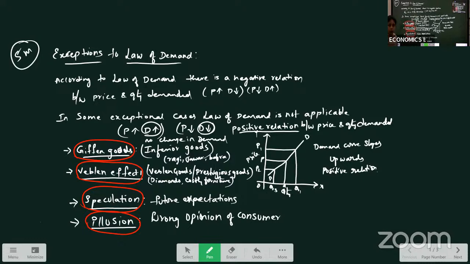And illusion, a wrong opinion or false idea that when price is high, it is of good quality, and when price is low, it is of bad or low quality. So in these cases, our law of demand is not applicable. In exceptional cases, our demand curve will slope upwards because of positive relation. Okay, so this is about exceptions to the law of demand.